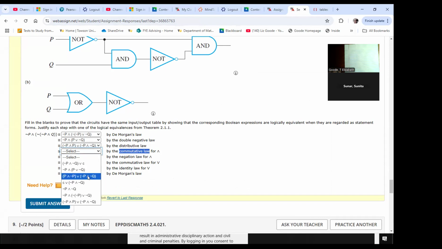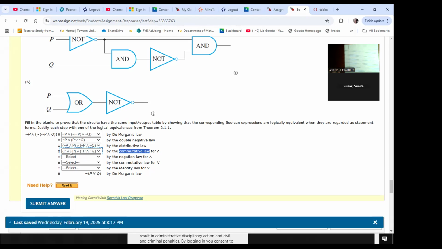Which one of these choices is commuting something? I think the P and the not P. Yeah. P and not P means we've commuted those two, and we've kept the not P and not Q. Okay, right. So, there.